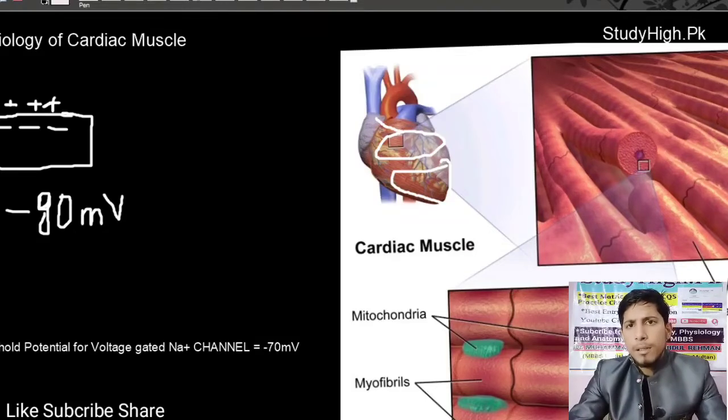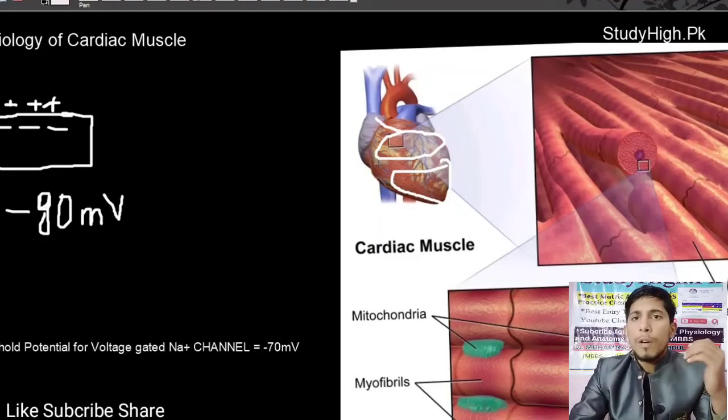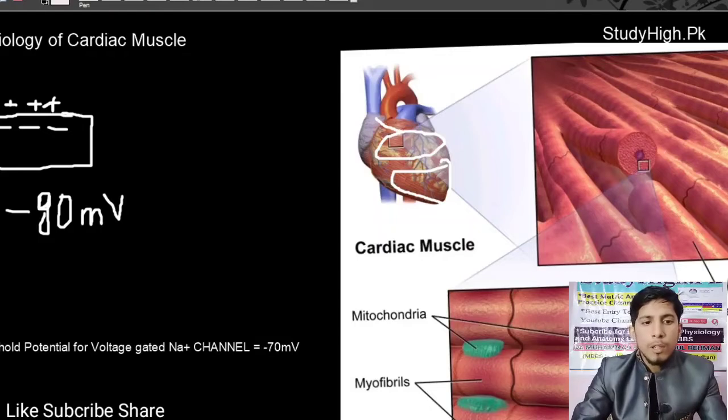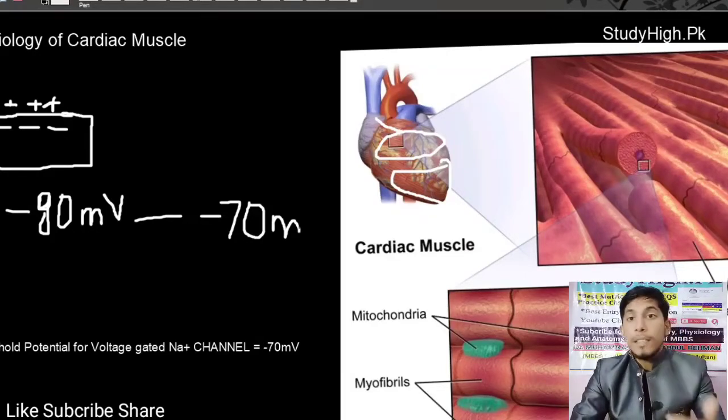When you want to generate an action potential in this cell, what do you have to do? First you have to decrease this potential to at least minus 70 millivolt.